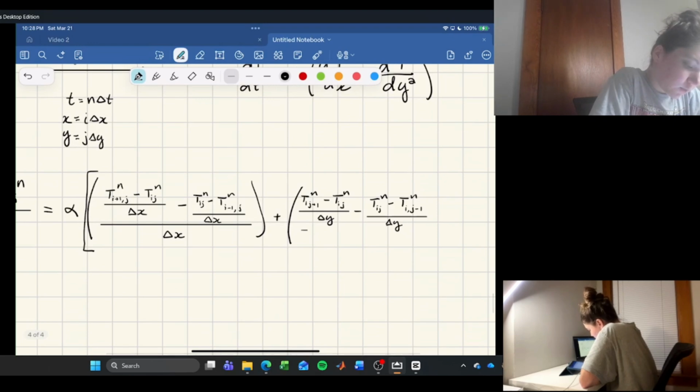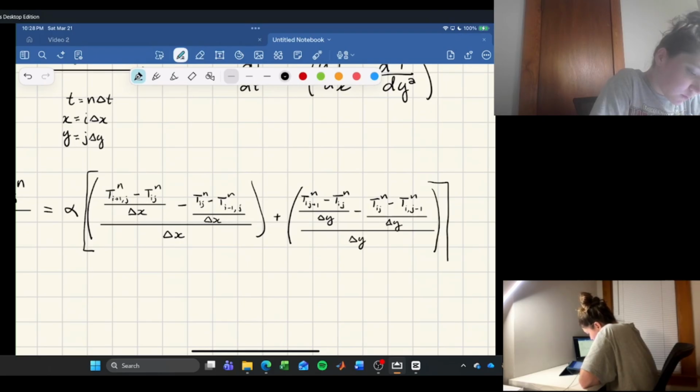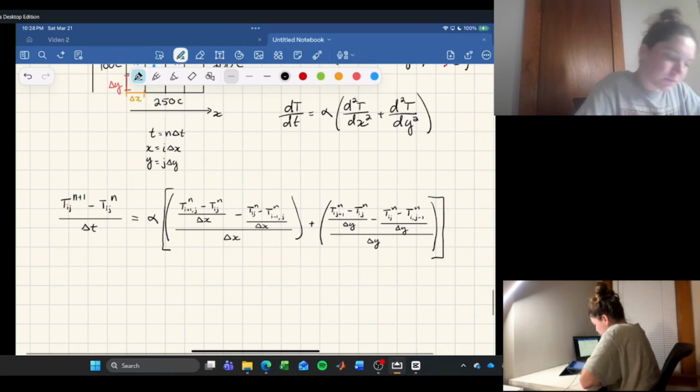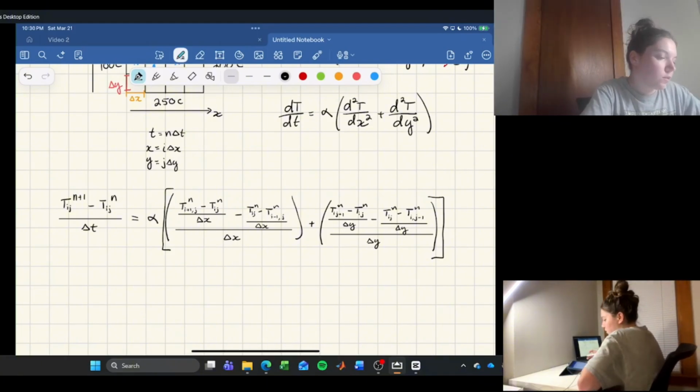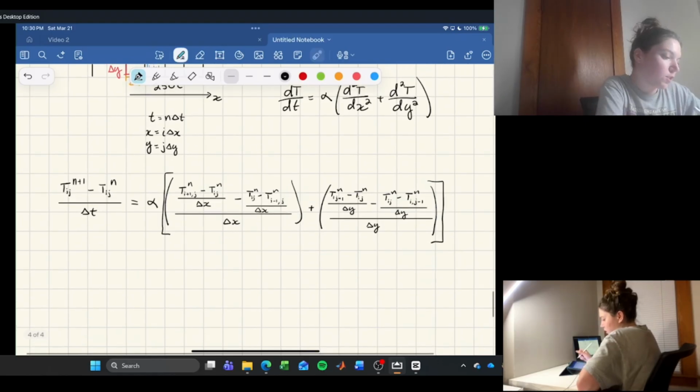And then again, because it's the second derivative, the whole thing is divided by the change in position in the y direction. So we get this big equation here. Okay, so this is the final finite differencing equation.